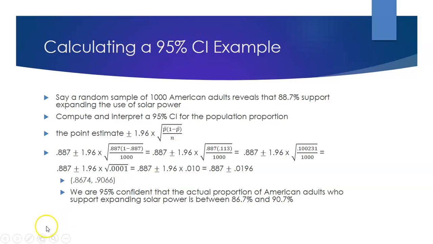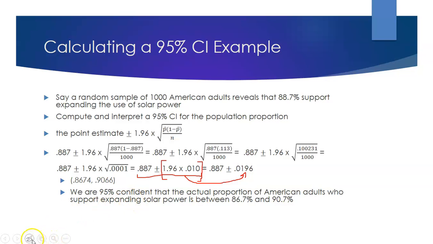So then we have this particular formula, and this is the formula that we are going to use to solve for the confidence interval. The first thing that we do, again following the order of operations, is our multiplication. So 1.96 times 0.010 gives us this value here, 0.0196, okay?